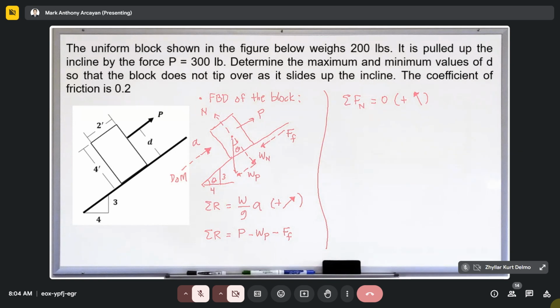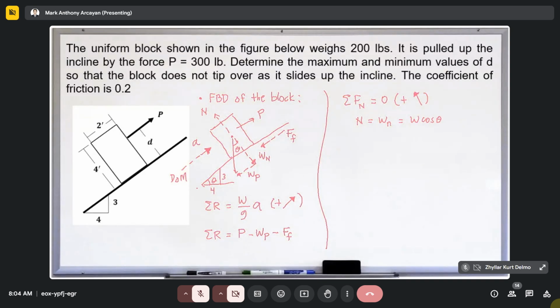Next, let us identify the external forces that act along the normal axis. We have here the normal force, which is equal to the normal component of the weight, which is the weight of the block times the cosine of theta.